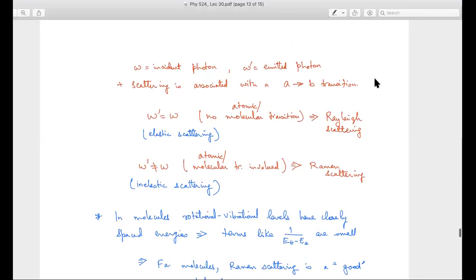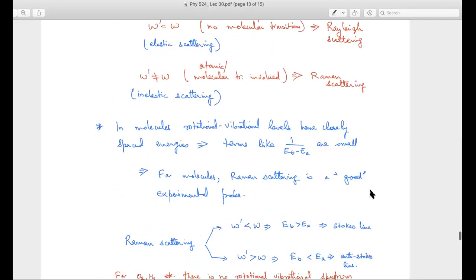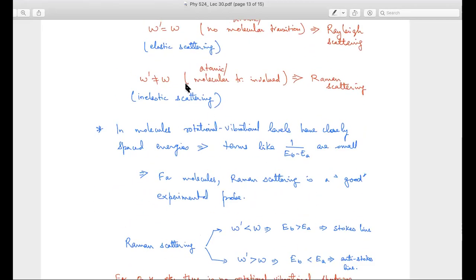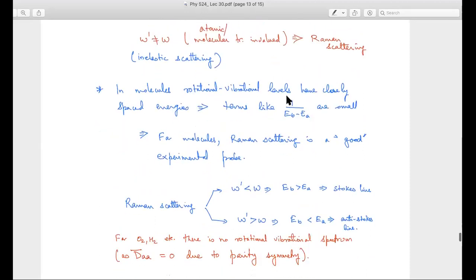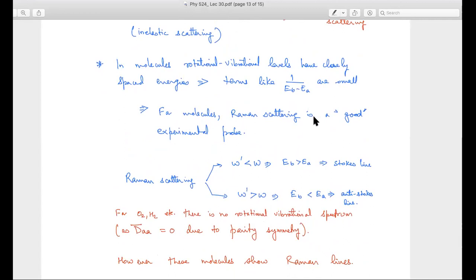Okay. So I was just saying that in scattering, I can have energy preserving scattering, ω' equal to ω. That is Rayleigh scattering. Or energy non-preserving scattering, which is ω' not equal to ω, which is this Raman scattering, basically. And I was arguing that in molecules, I have a lot of vibrational and rotational energy states which are close to each other as compared to the electronic states in atoms.